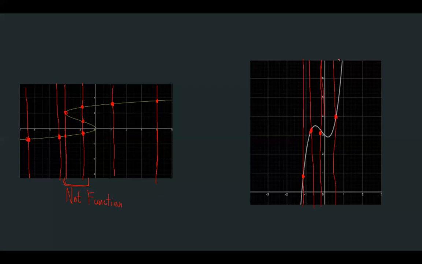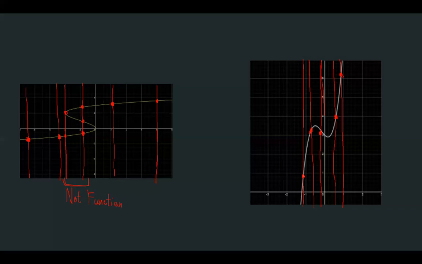And then if I start drawing a vertical line from here, it connects to only one point. As you can see, these vertical lines that I just drew, each of them intersects at only one point.